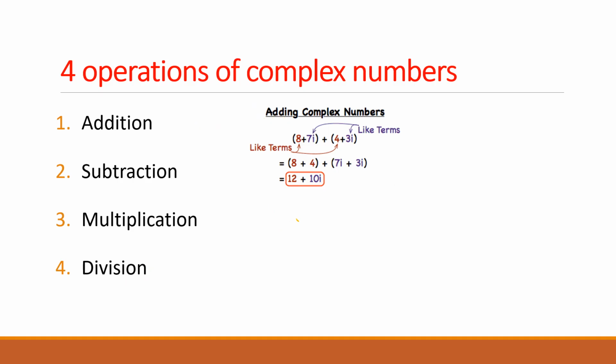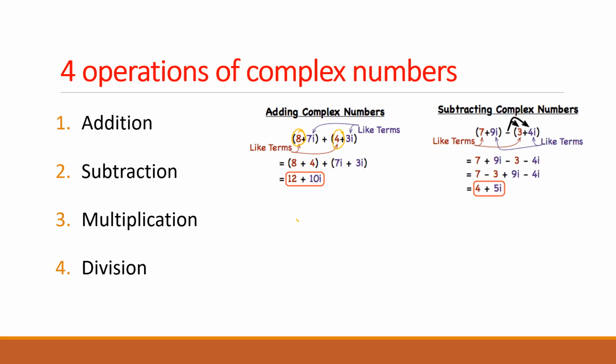How do you add them? You add the real parts together. Am I right? You add the real parts together and you add the imaginary parts together. Subtraction is also the same. You subtract the real parts and you subtract the imaginary parts separately. Am I right?